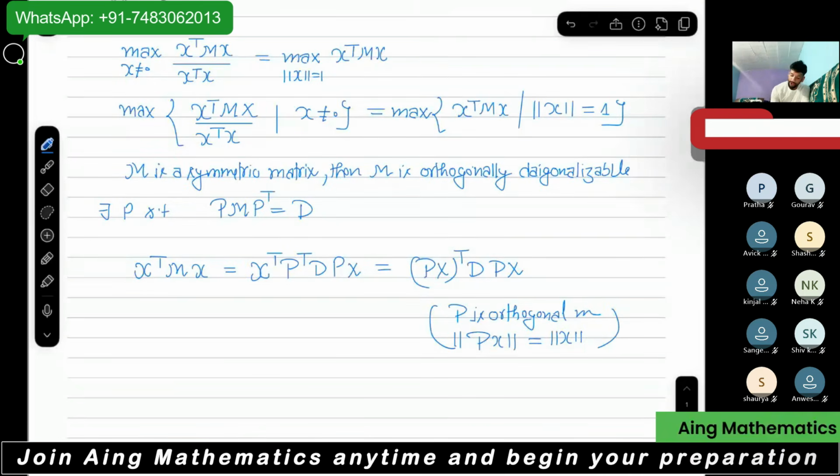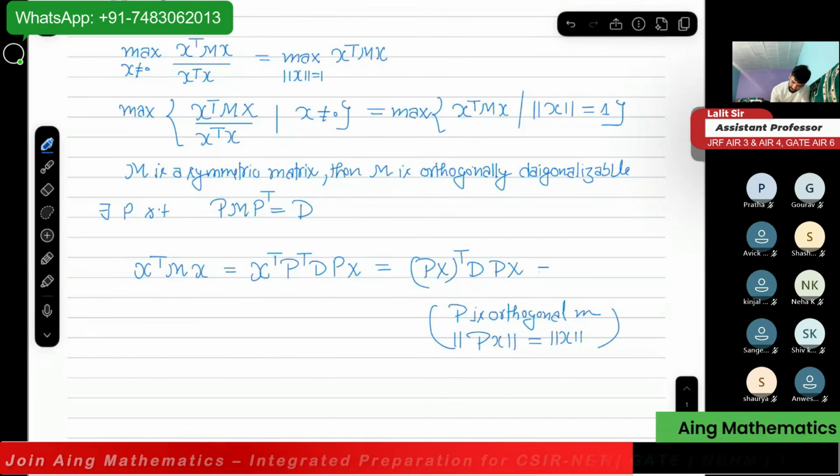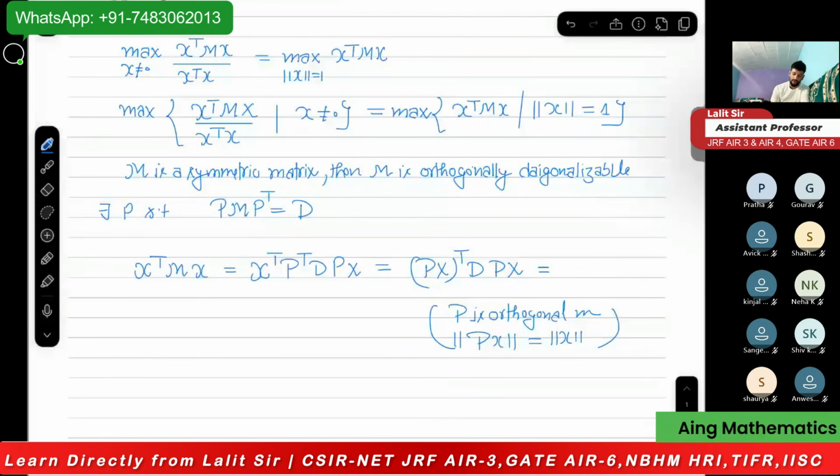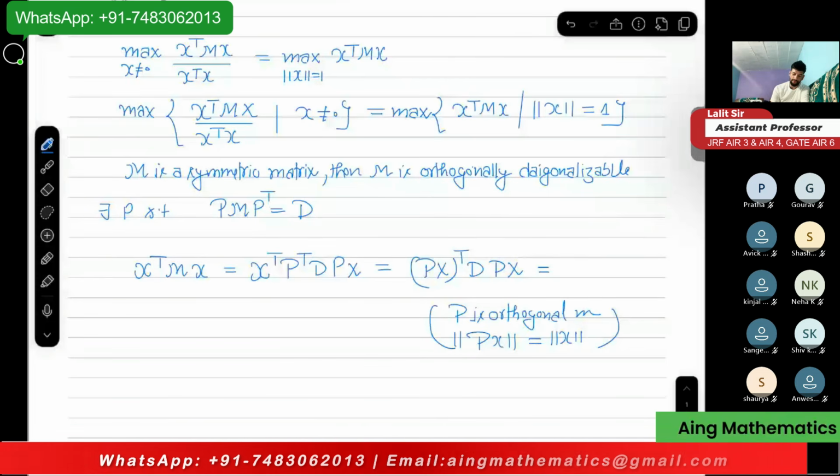Okay, so see, this will be equal to, now tell me, what will this be now? (Px) transpose D (Px).